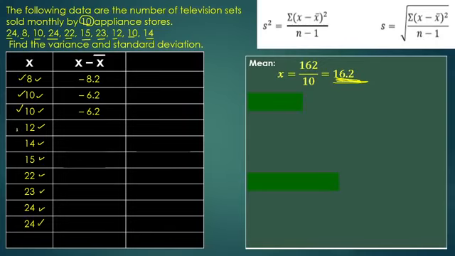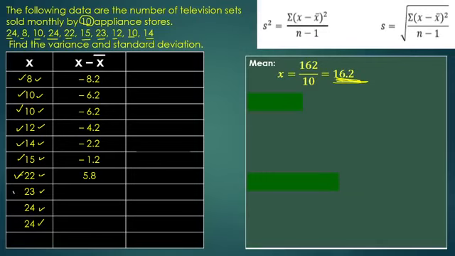What about 12 minus 16.2? Negative 4.2. What is 14 minus 16.2? Negative 2.2. What is 15 minus 16.2? Negative 1.2. What about 22 minus 16.2? 5.8.